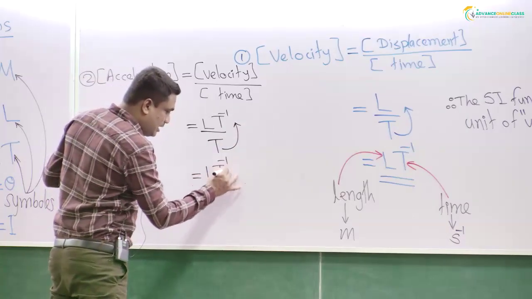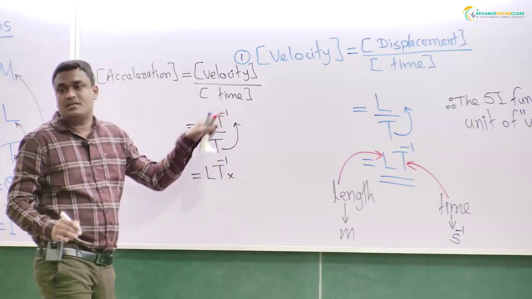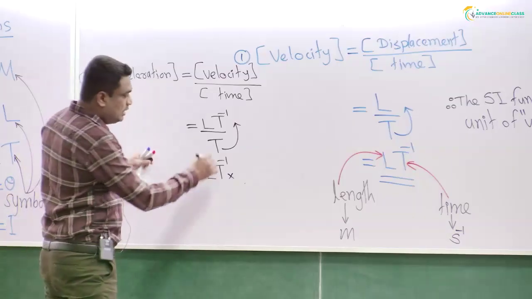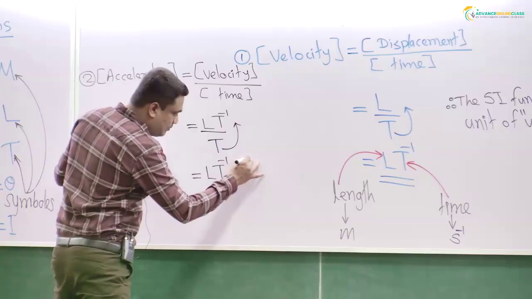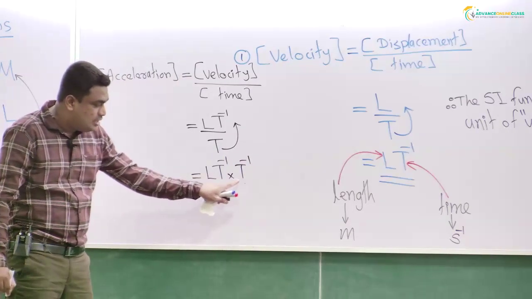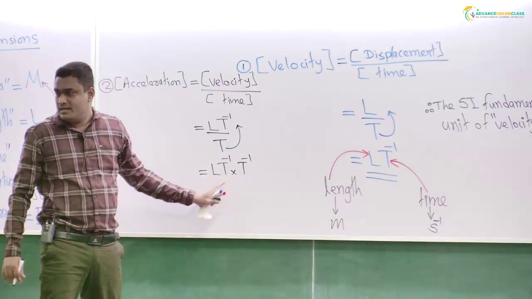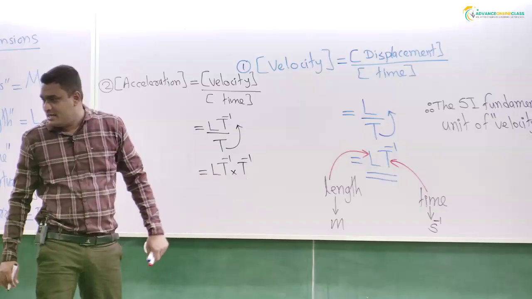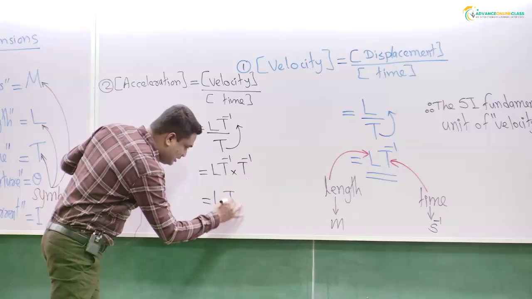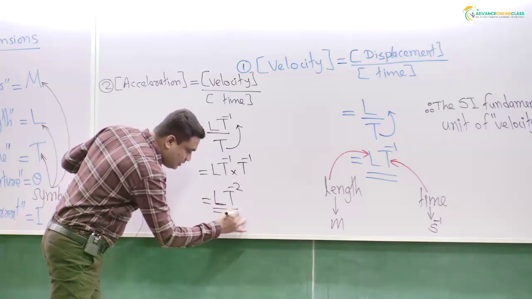When a denominator term comes up, it should come with a minus sign. So this T comes up with a minus 1. T to the minus 1 into T to the minus 1 is T to the minus 2. Therefore, dimensions of acceleration is LT to the power minus 2.